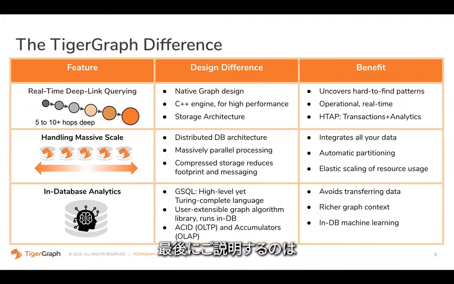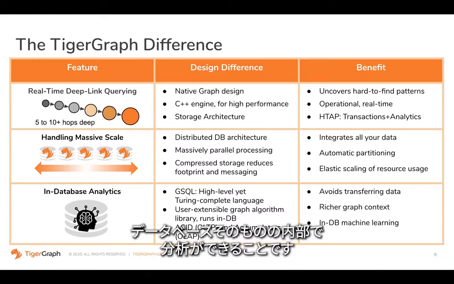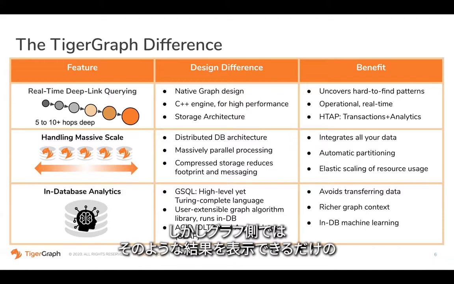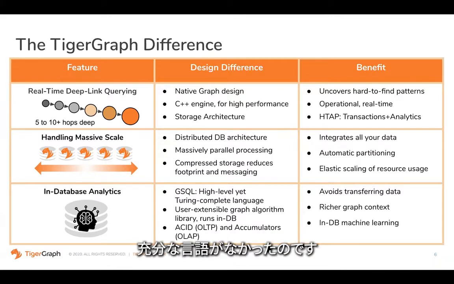And the last aspect I want to check on the feature side is the analytics themselves. For us, one of the key things is the ability to do analytics within the database itself. On the graph side, we really didn't have a language that was rich enough to deliver that. That's why we built our own language called GSQL.